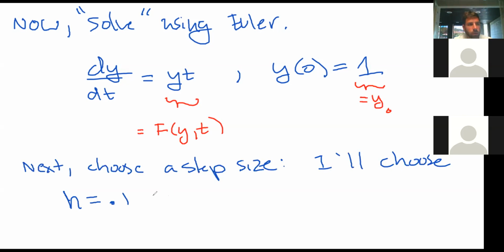Okay, now here's what we're going to do. We're going to construct a list of y values, our approximate y values. So let's think about what we know.